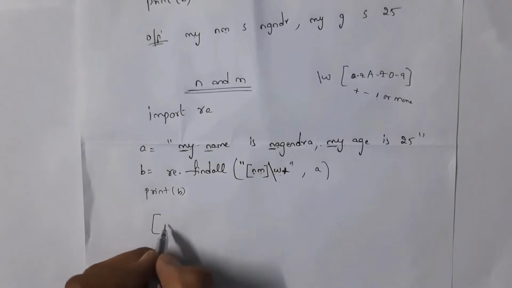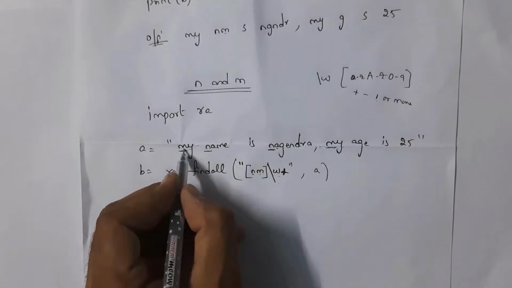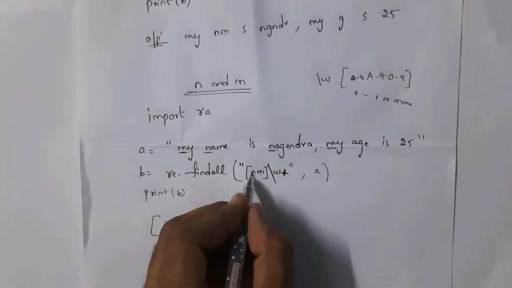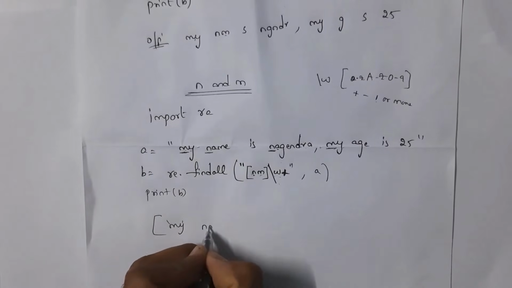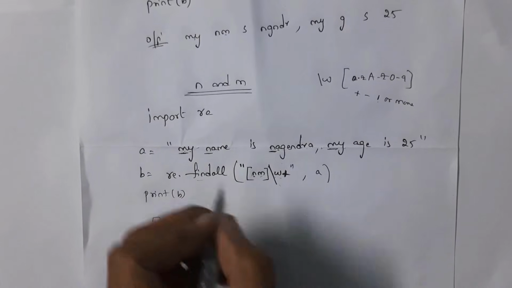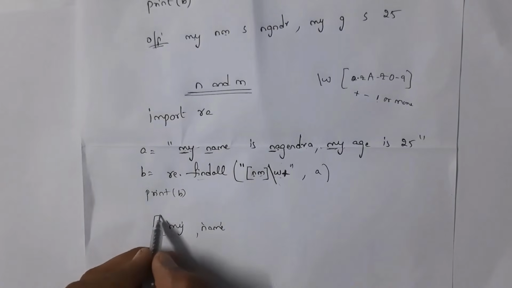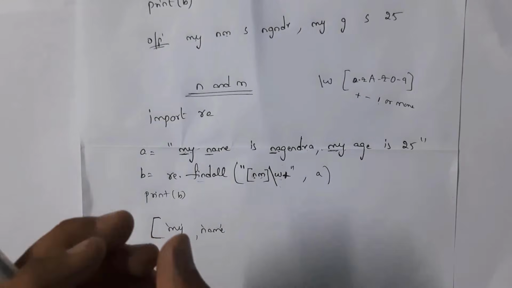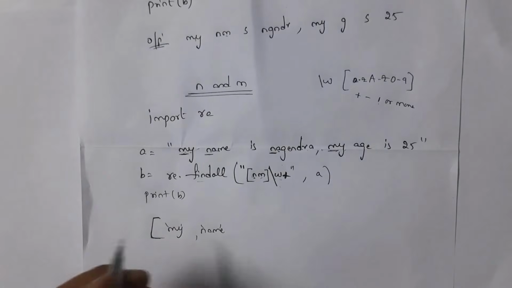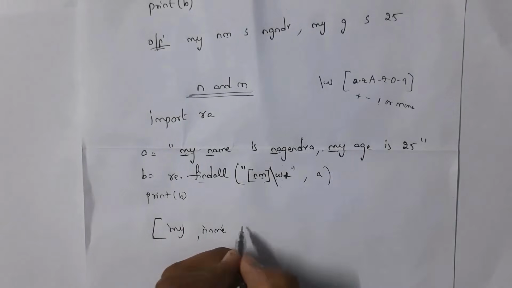So you will get output my, because starting is M, and starting is N, so you will get output name. Find all will represent output in the form of list. So it will represent this output in square brackets, and it will represent each word in quotation marks. So my name Nagendra my.